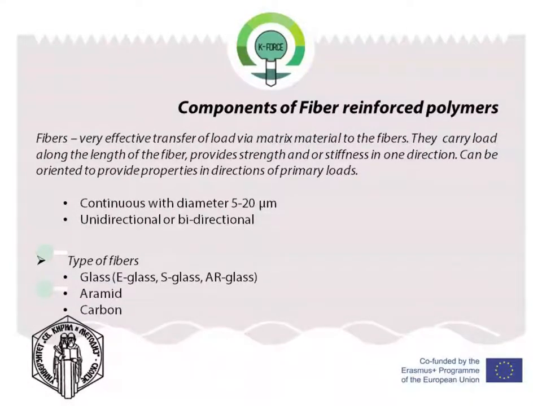Fibers can be manufactured in continuous or discontinuous form. The fibers used for strengthening exhibit linear elastic behavior up to failure. There are mainly three types of fibers that are used for strengthening of civil engineering structures, namely glass, aramid, and carbon fibers. Physical and mechanical properties can vary a great deal for a given type of fiber.